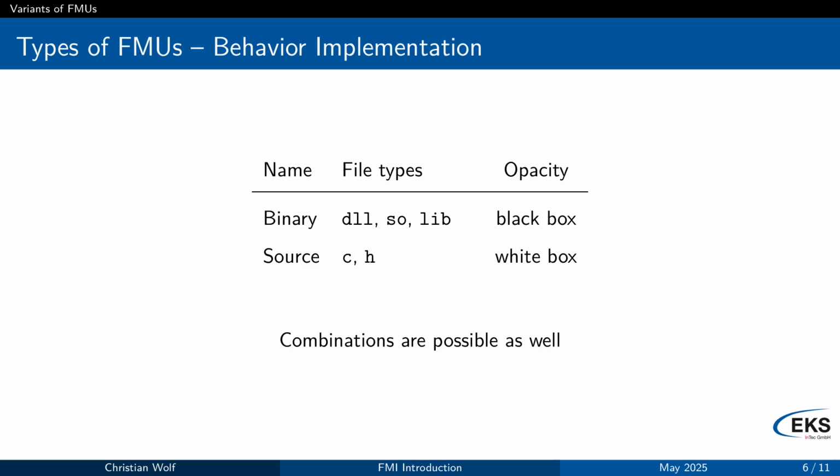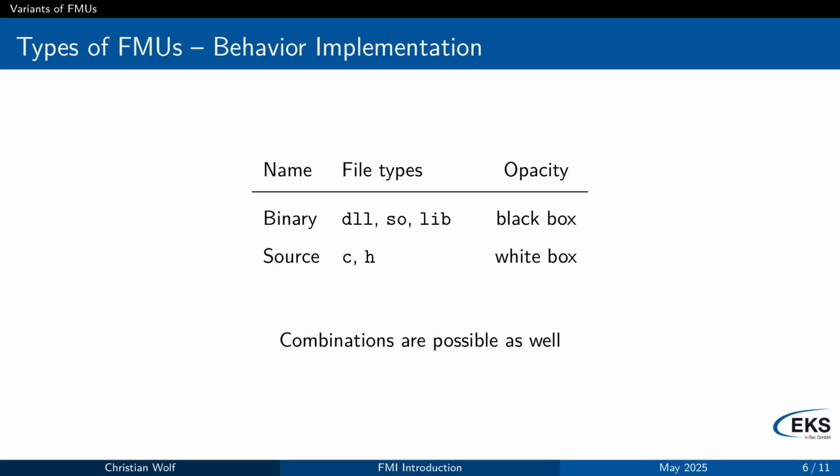If you have binary models, then you have a black box model. You cannot tell, just by looking at the FMU, what this simulation model will actually do. So you can somehow prevent outsiders from looking at your implementation, while if you are providing the source code, it's rather easy to understand what you put in your FMU.